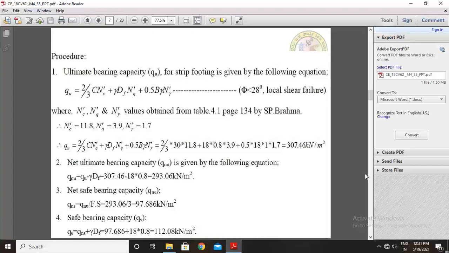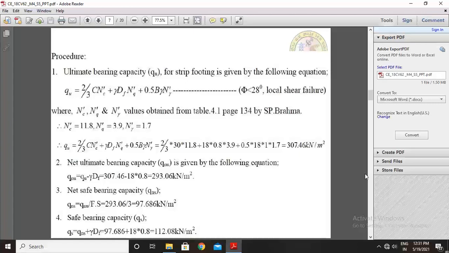Phi dash we calculate as 2/3 of phi. We have already discussed this in theory class. With respect to phi dash you select the values from the tables. Therefore NC dash equal to 11.8, NQ dash is 3.9 and N gamma dash is 1.7 from the tables. Therefore substitute the values in the ultimate bearing capacity equation.